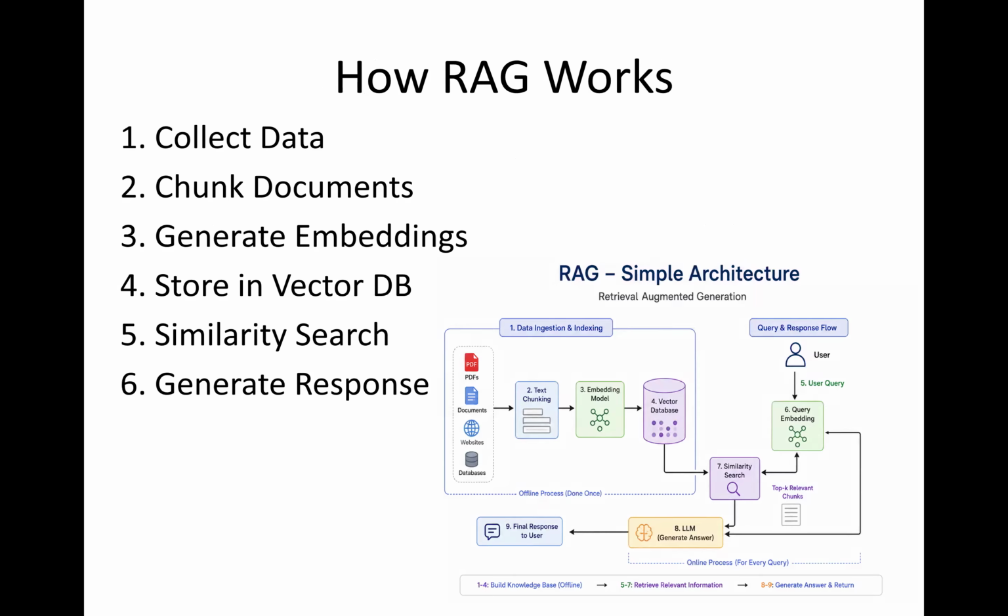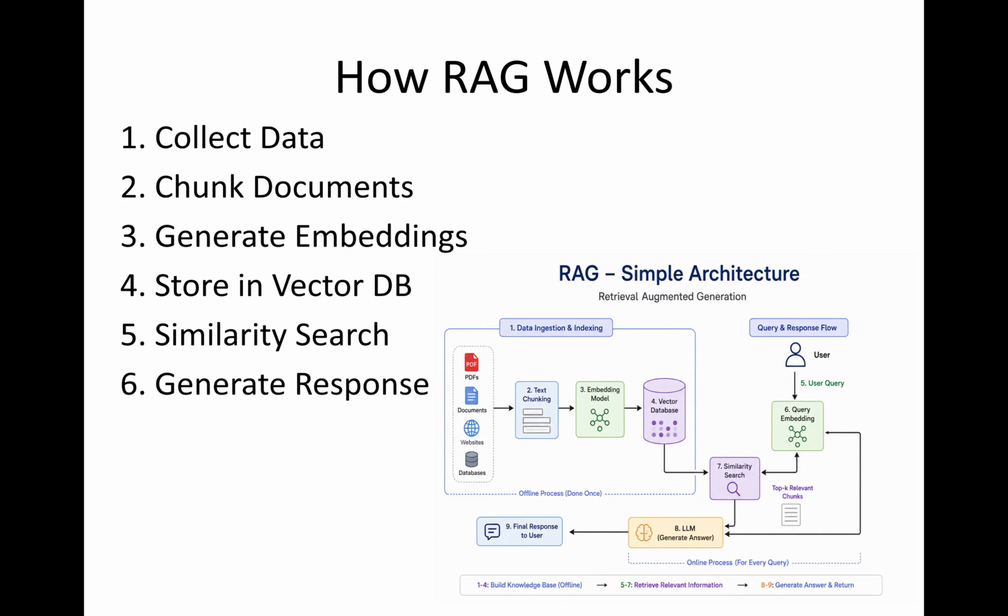So let's get started with how the RAG workflow works. Step one, collect the data from PDFs, documents, websites, databases, and APIs. The second is chunking of the documents, so the large documents are split into smaller chunks.